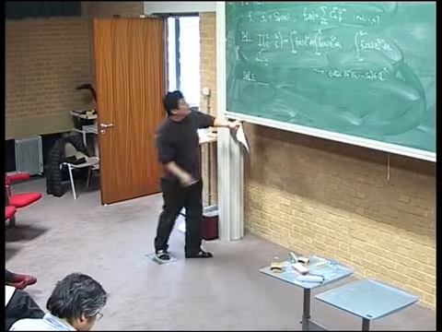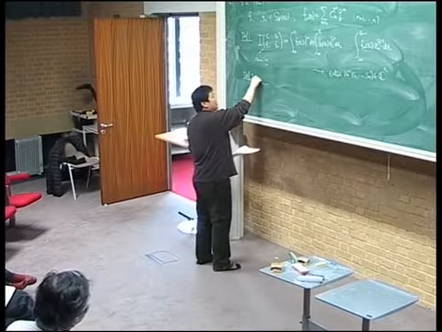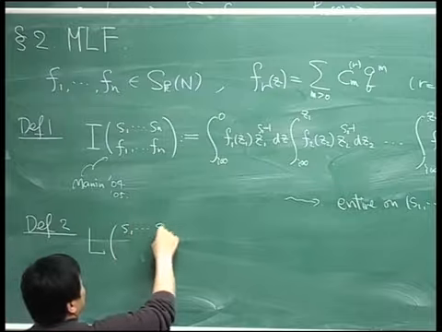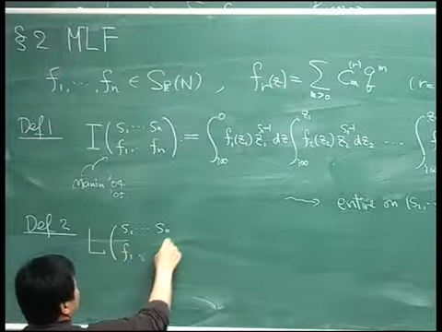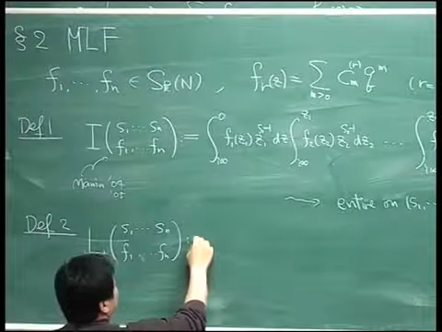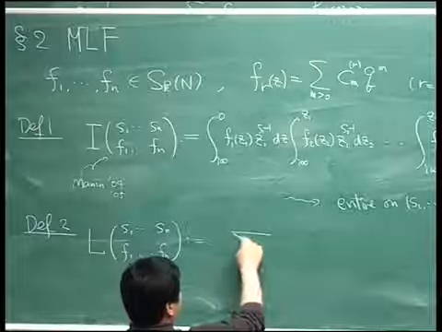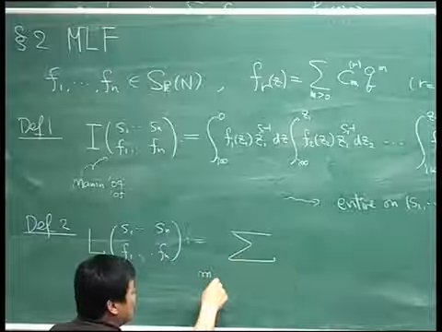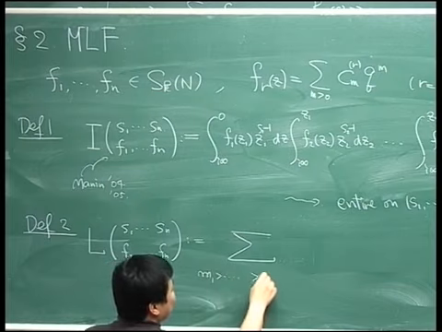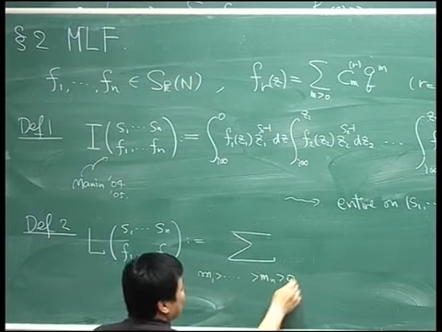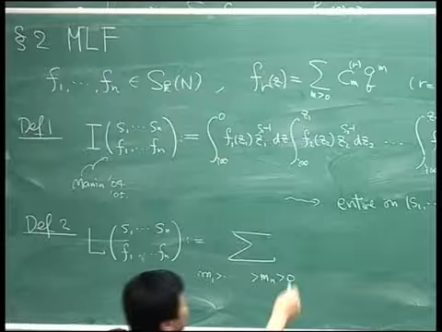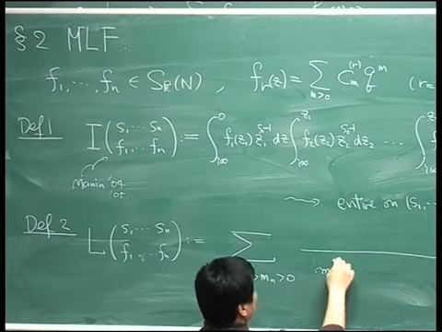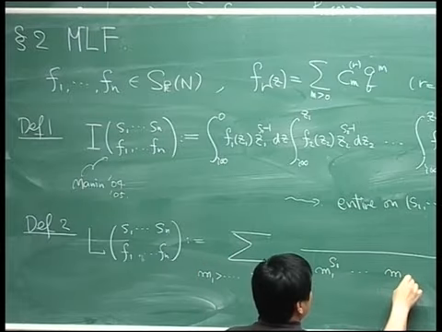The next definition is for the multiple L function. I use capital L. This is also an n-variable function. So I'm using this order. And the denominator is S1, S2.